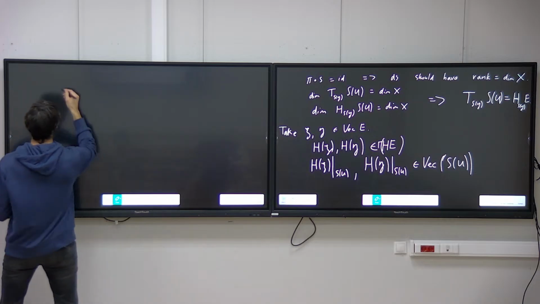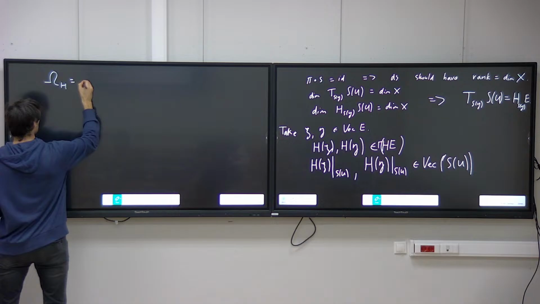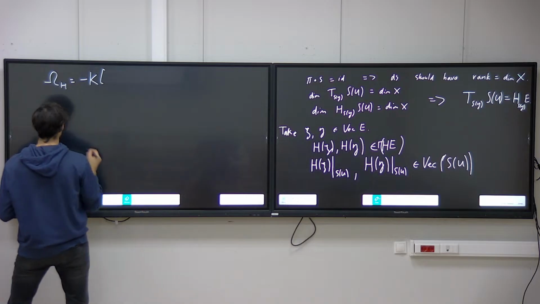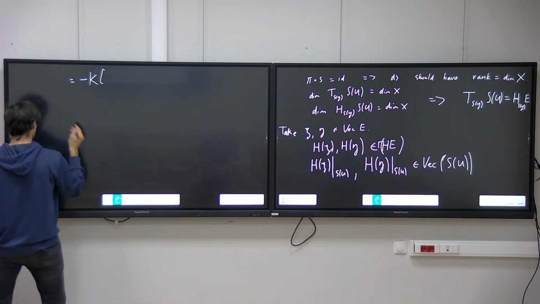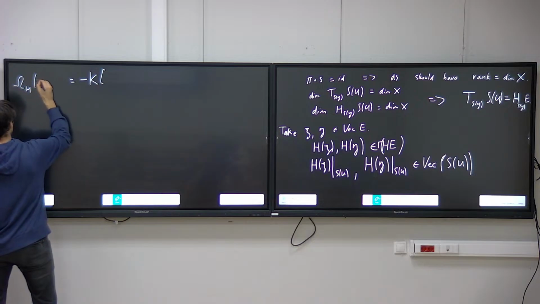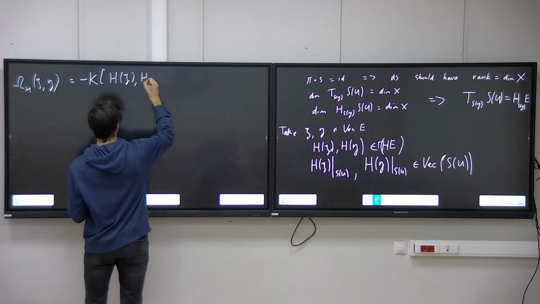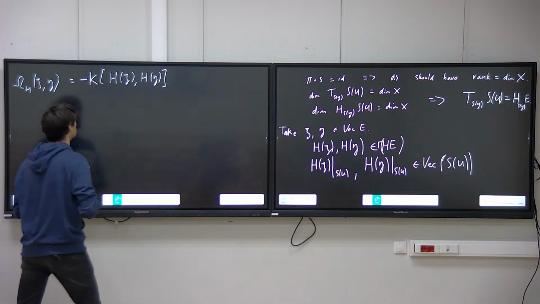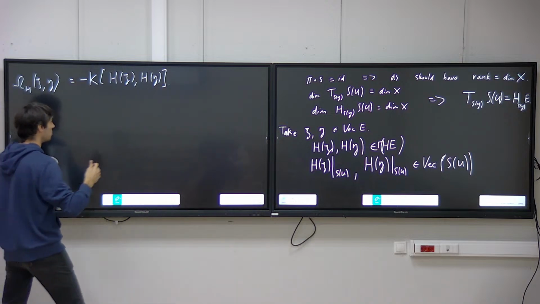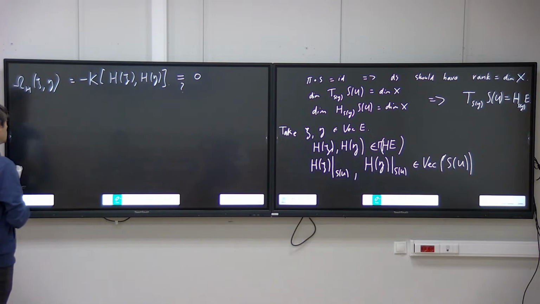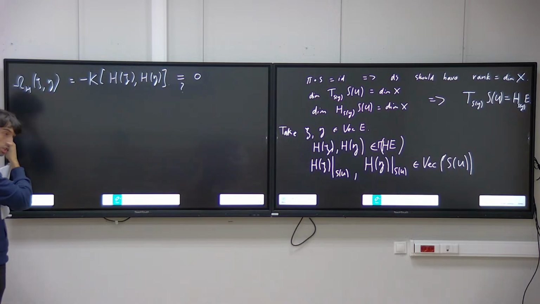And K is the projection along H E to V E, the vertical bundle.